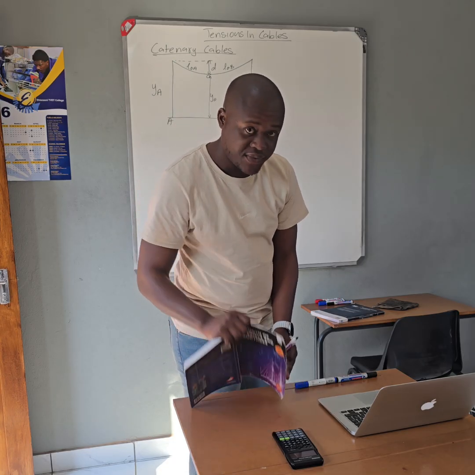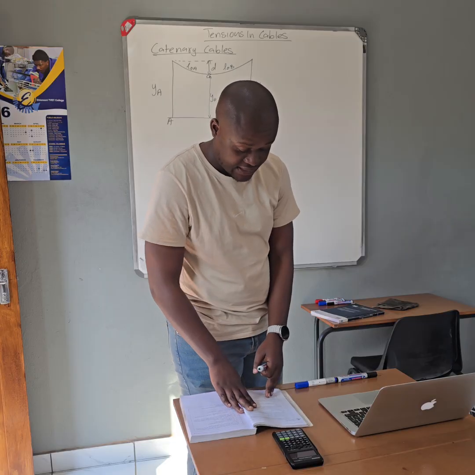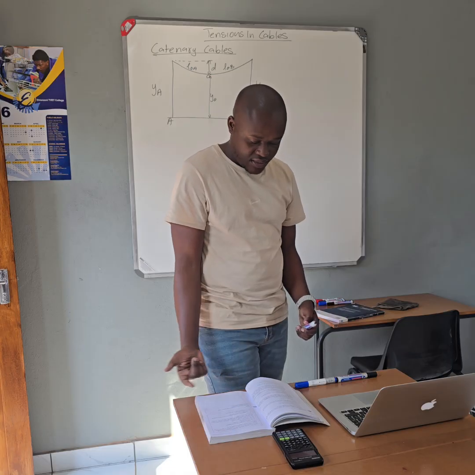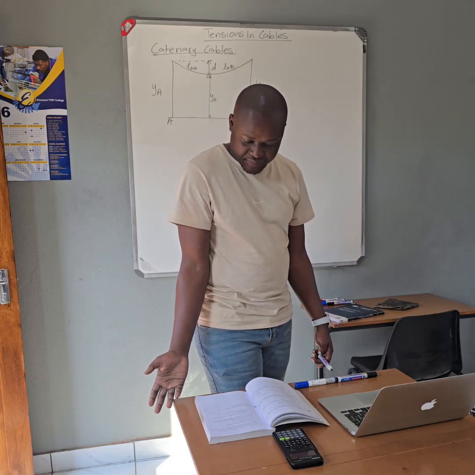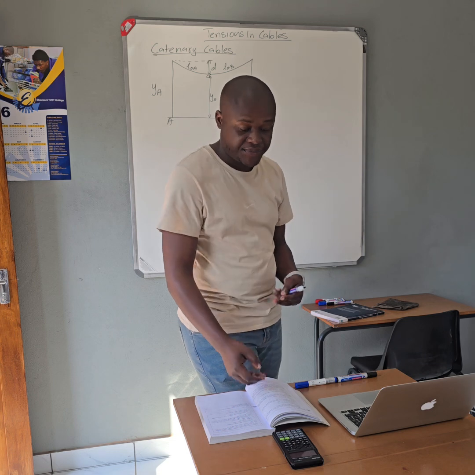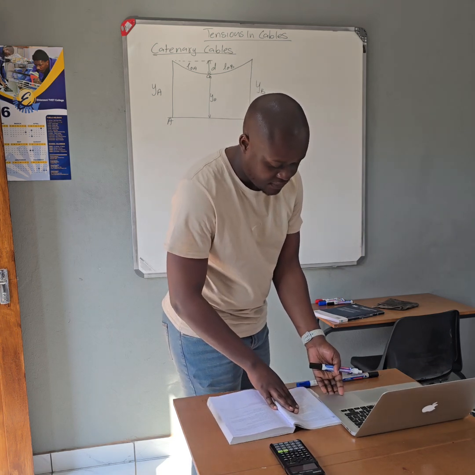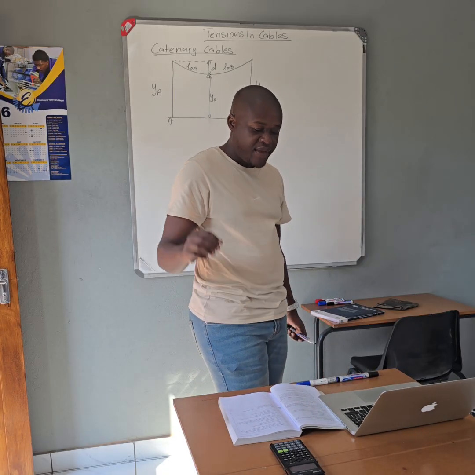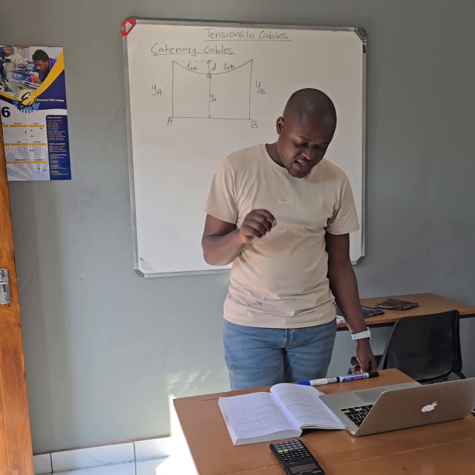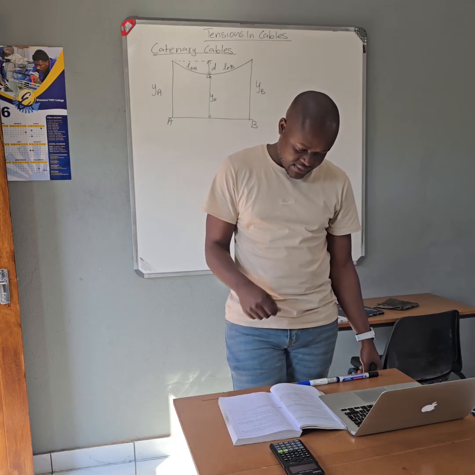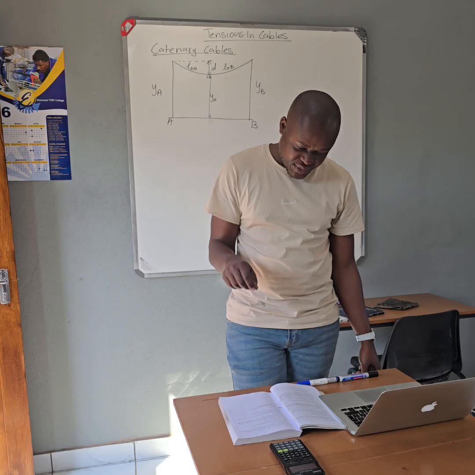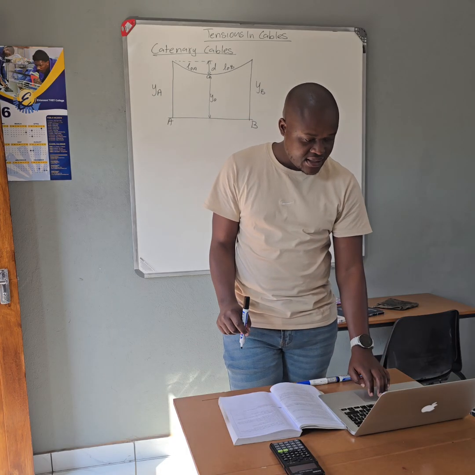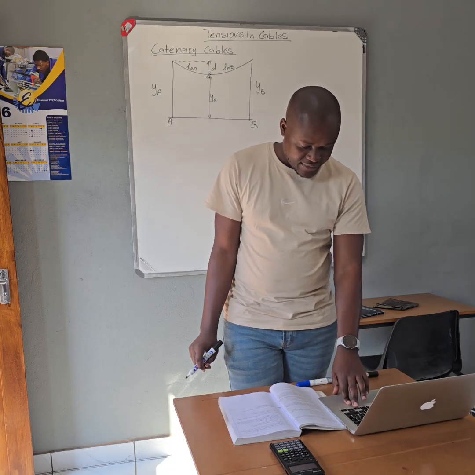In our textbook, we are going to go to page 58. On page 58, I'm going to look at number 1, 2, 3, as well as maybe number 5. We'll see. Starting with number 1. It says, a cable with a weight of 29 Newton per meter is suspended between 2 supports on the same level.